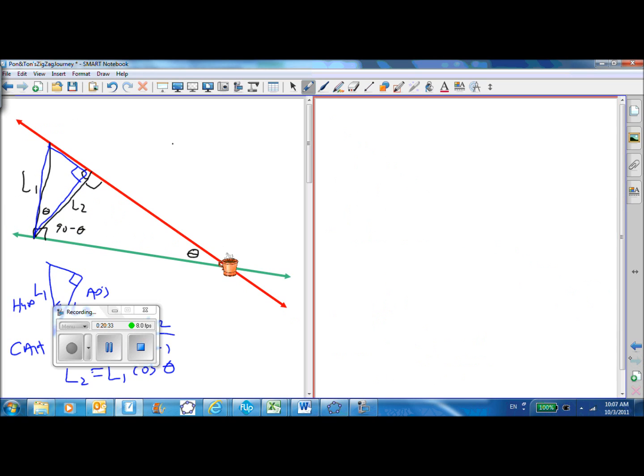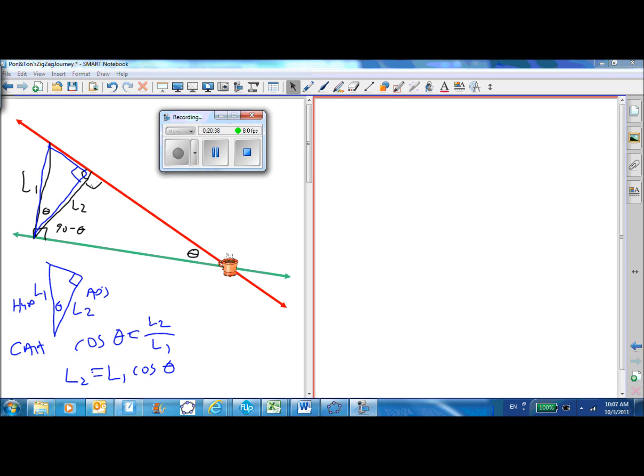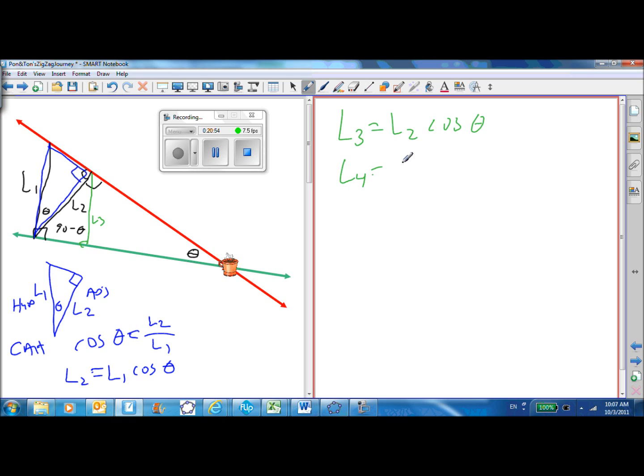And I think you're going to see that this continues for L3, when we come down here and make a new triangle like this to form L3 here. Now L2 takes the role of the hypotenuse and L3 is the short leg. So L3 will equal L2 times the cosine of theta. And so forth. L4, the length 4, will equal L3 times the cosine of theta. So we form a sequence: L1, L1 cosine theta, L3, which is L2 times cosine theta, becomes L1 times cosine theta squared.